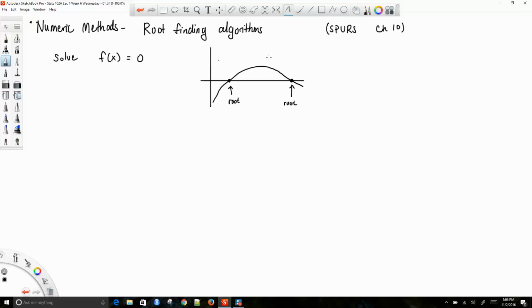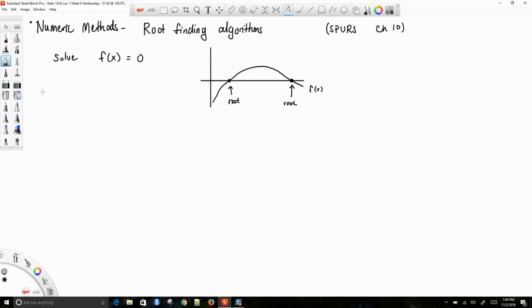All we're doing is we've got some function f of x, and we want to solve where it is equal to 0. Okay. However, it is important to note, and you've probably learned in algebra how to do stuff like this, this is not an algebraic method. All we are doing is using a computer to get floating point approximations of these roots, okay?